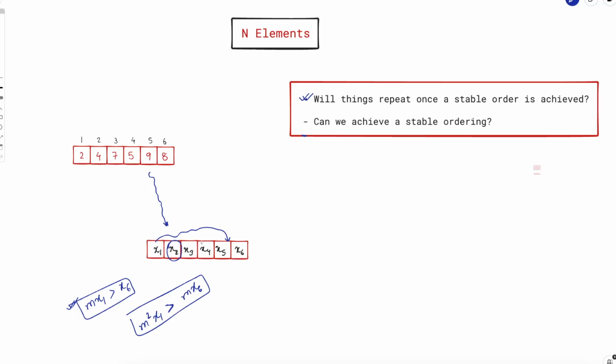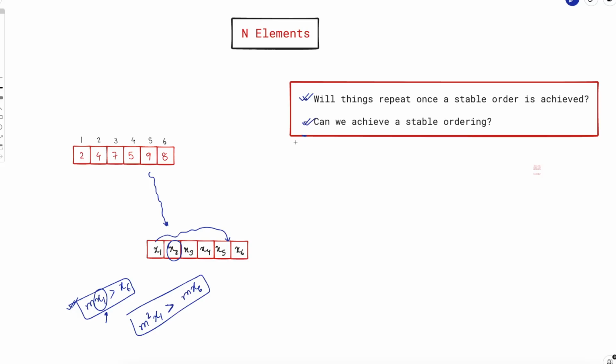In other words, this is your new x1, which in turn means you have increased your x1. And if you do this operation enough number of times, this x1 will be increased to such a value wherein this inequality will be satisfied. So hope this entire thing is clear, that we can achieve a stable ordering.